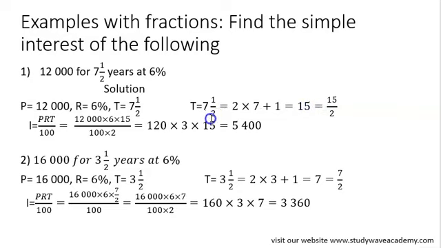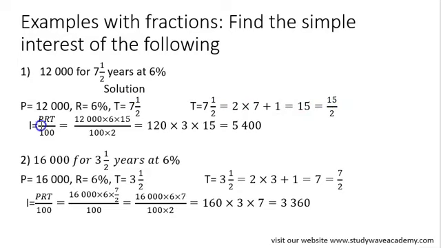We continue using our denominator, so we have 15 over 2. This is an improper fraction because the numerator is greater than the denominator, right? Good. So this improper fraction is representing the mixed fraction, and this is what we are going to use to solve this equation.